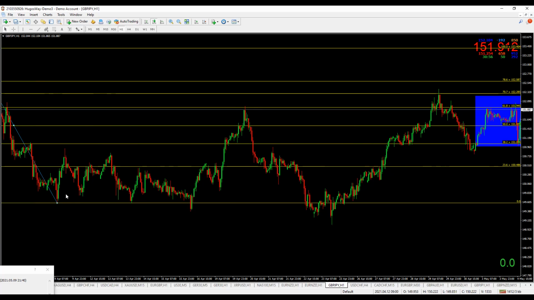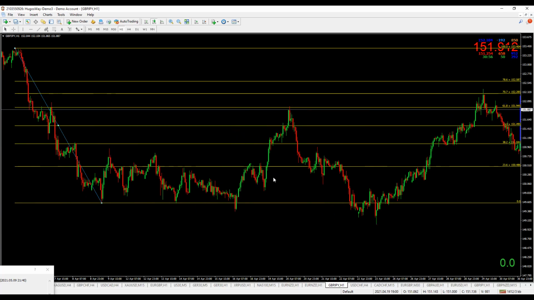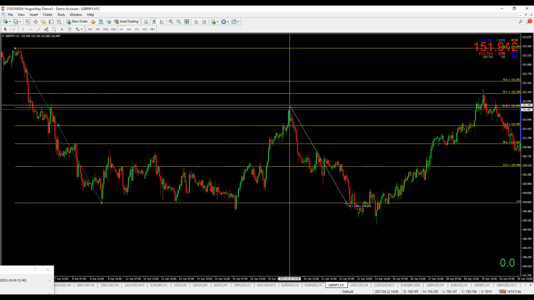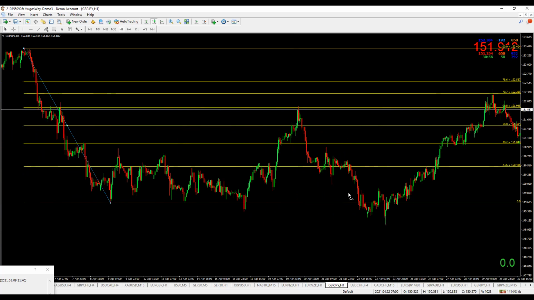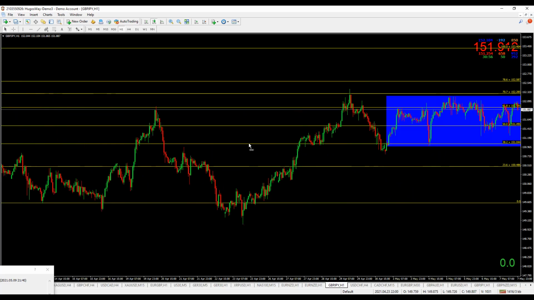If somebody had drawn this and still decided to enter, they would have made all this profit possibly. Even if they came out here, they still would have made some profit, but at least you would not have had the price go down much lower than the recent low. Yes, it broke out here. This was a fake out before it carried on up.